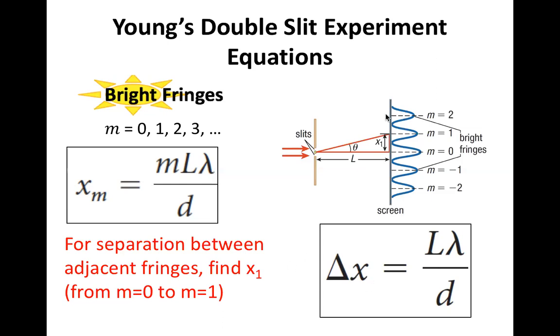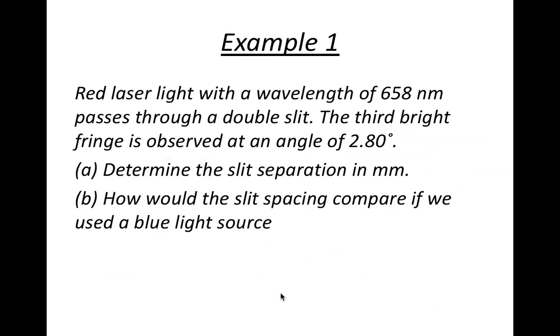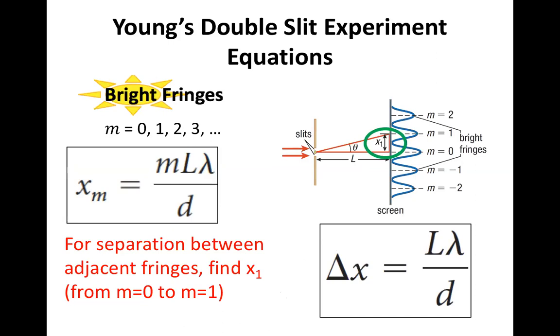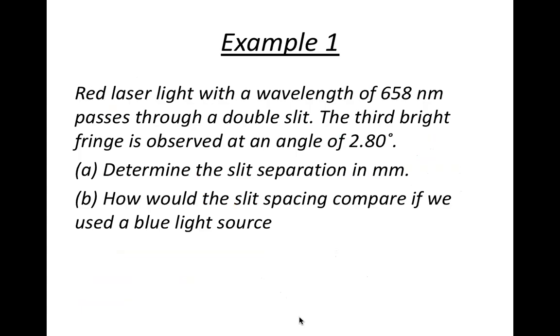The change in x from like m1 to m2 is L lambda over d, which is equal to x1. So if you sub in 1, the distance between m3 and m4 would be the same as x1. That's why these equations are the same thing.